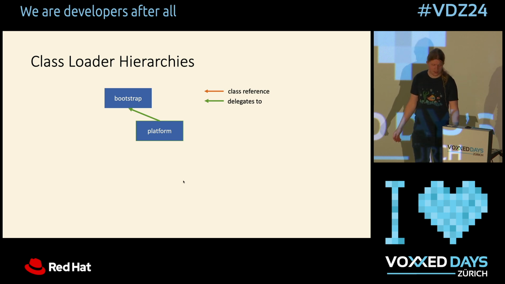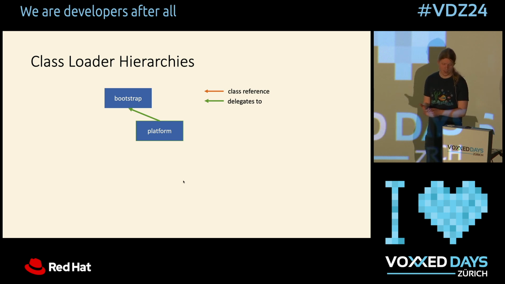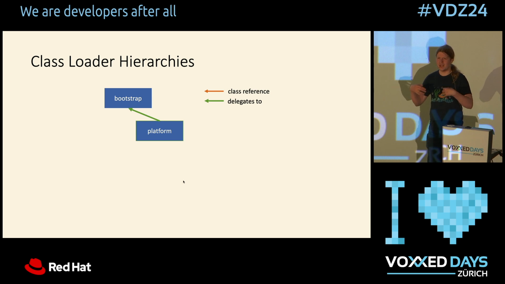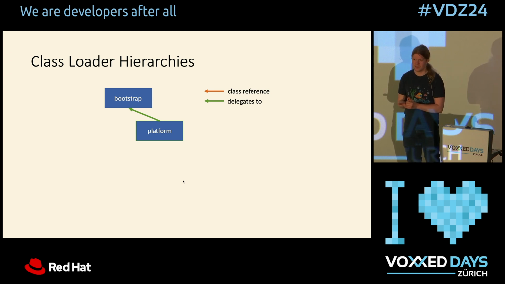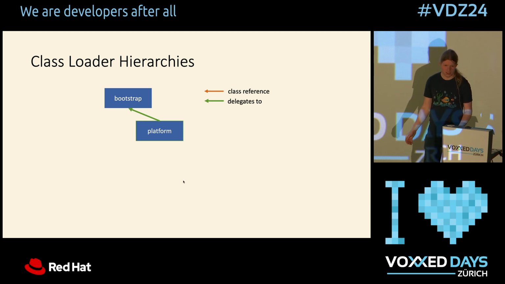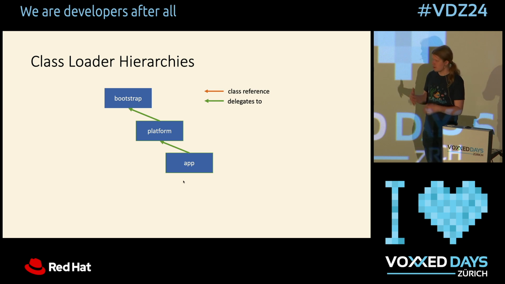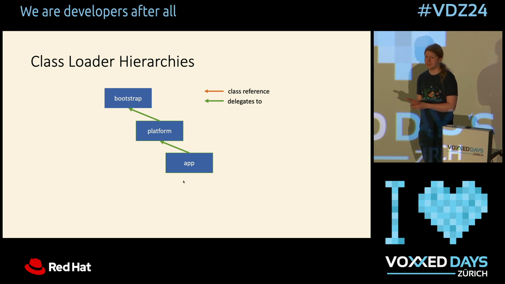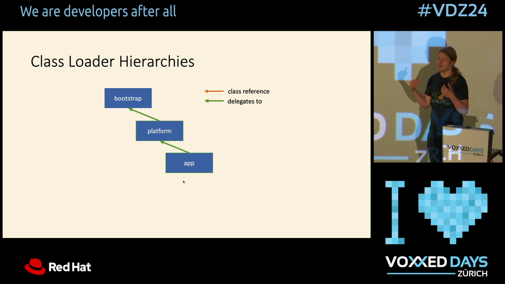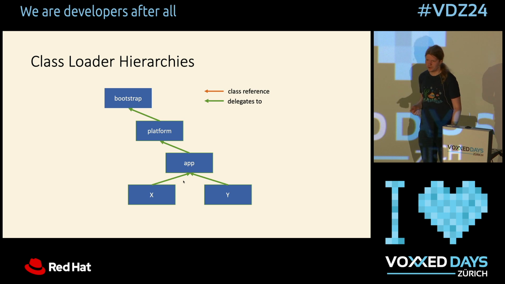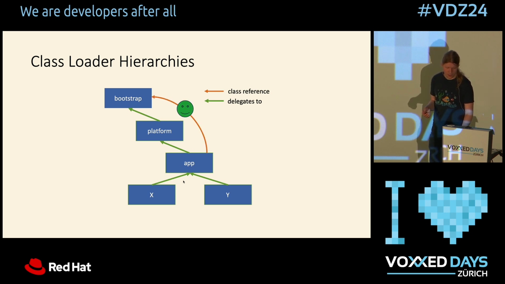Then you have the platform class loader with things like java.sql, javax.sql, and so on, miscellaneous stuff, while the bootstrap probably contains java.util or such. Then you have your application class loader, also known as the system class loader, which is essentially the basic class loader for your application. And when you load from different jars, you typically have different class loaders here.